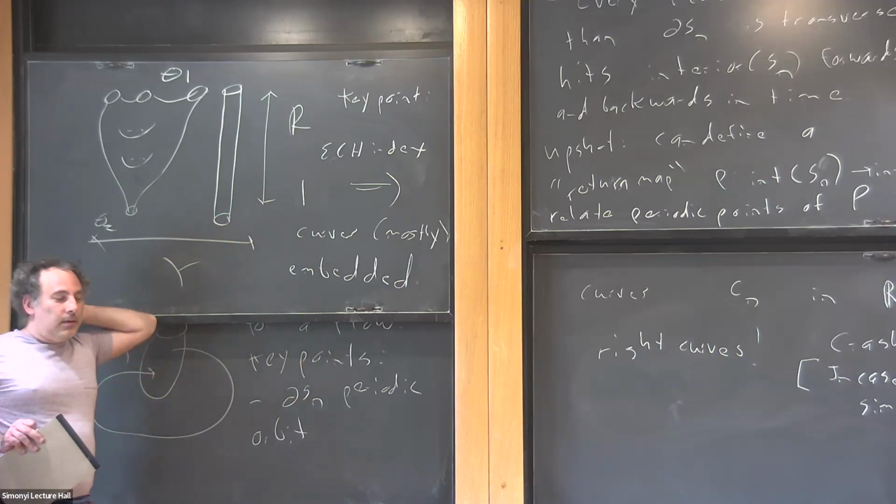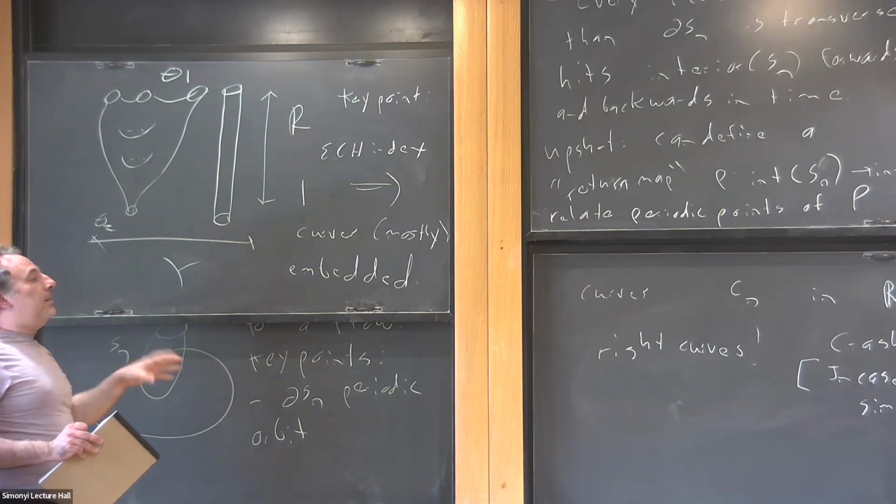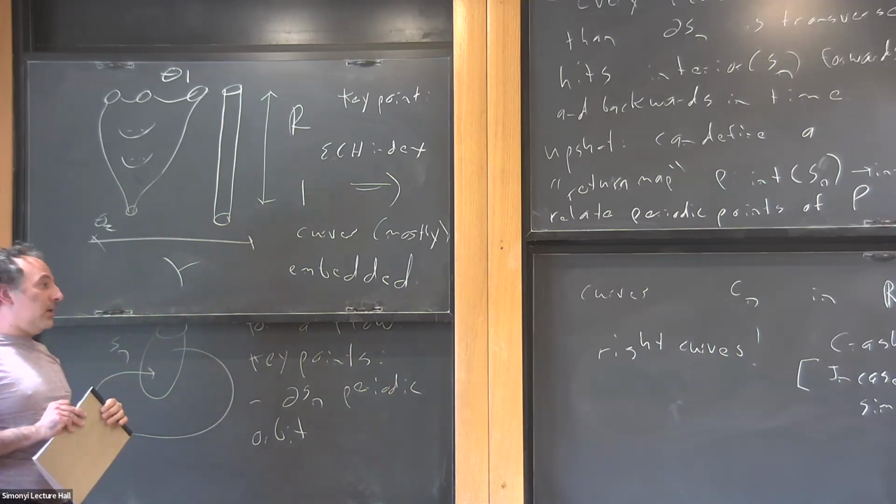What's the reason there's only one interesting component? It's just because I'm only having the ECH index be 1.